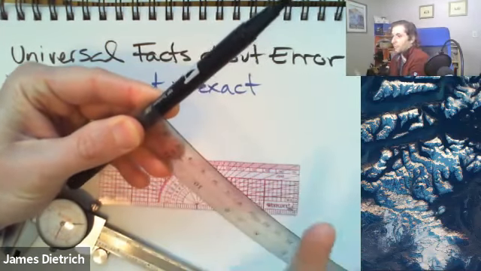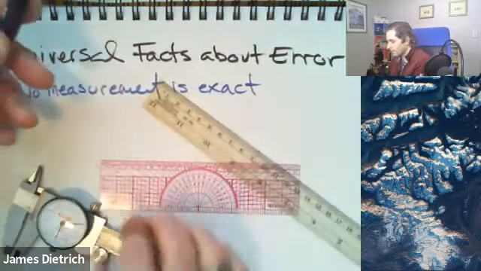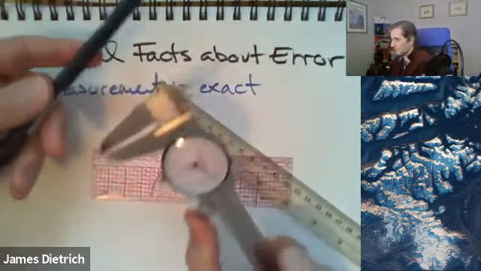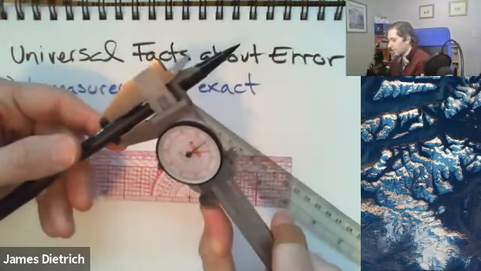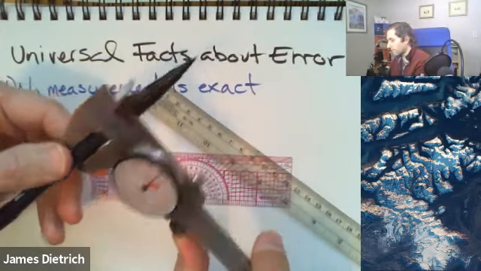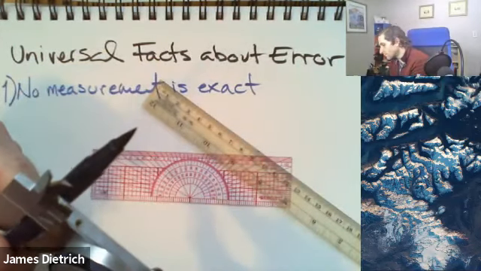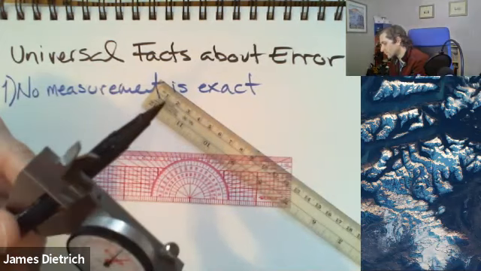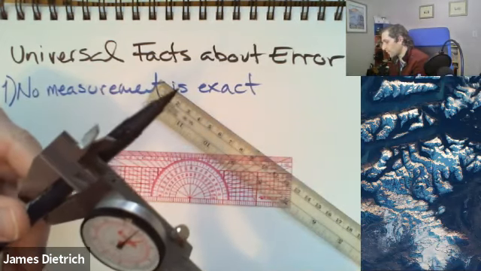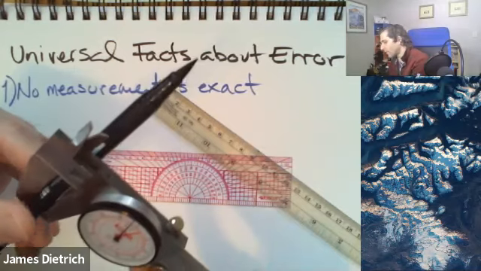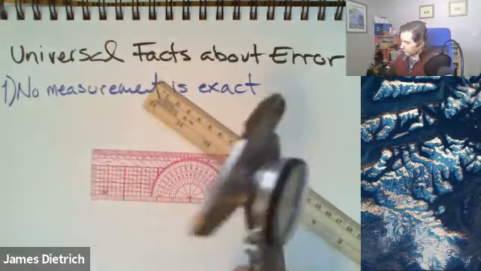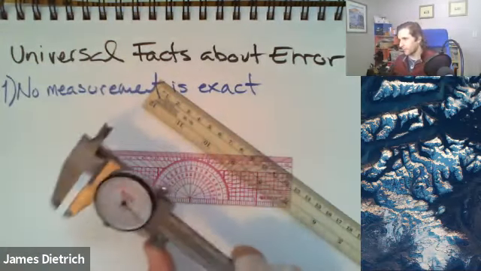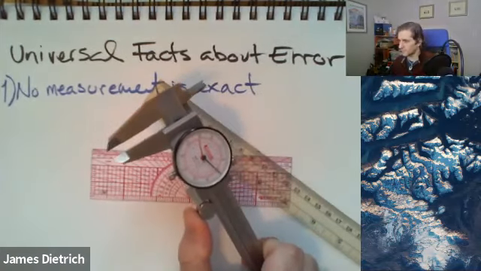So it's approximately 10 millimeters. Versus with a higher accuracy measurement device, I can tell you that it's 10.06 or 10.08, depending on where I am on the marker. And so the exactness of a measurement depends on the instrument that we're using to measure.